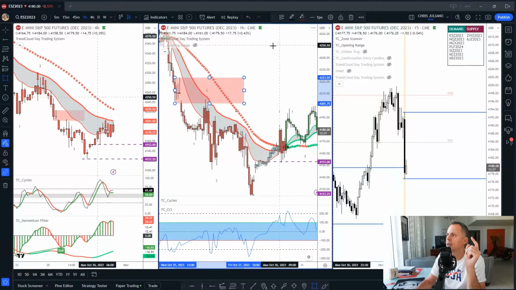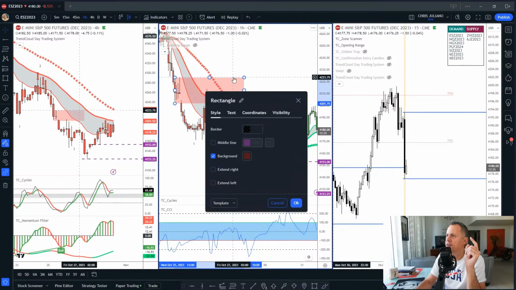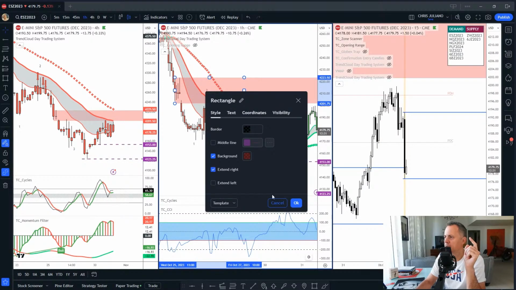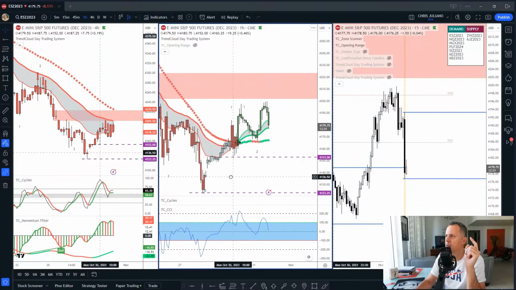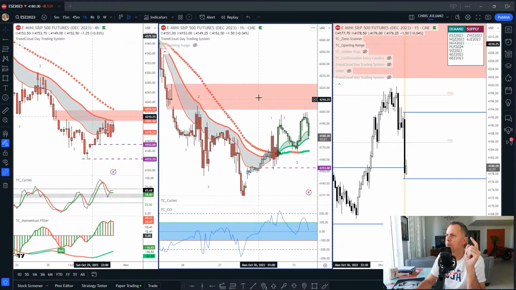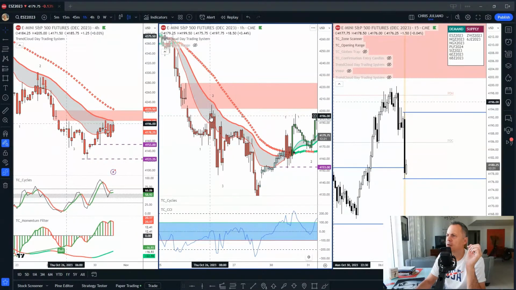Turn that red, double click onto your square and hit extend. Very easy. So we're coming back up into that high time frame, and we took advantage of that right here on the 26th. We took that trade and made money on it.